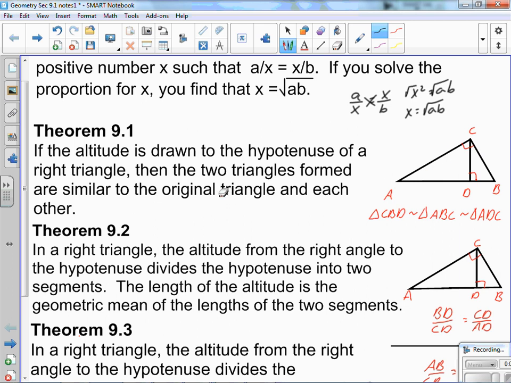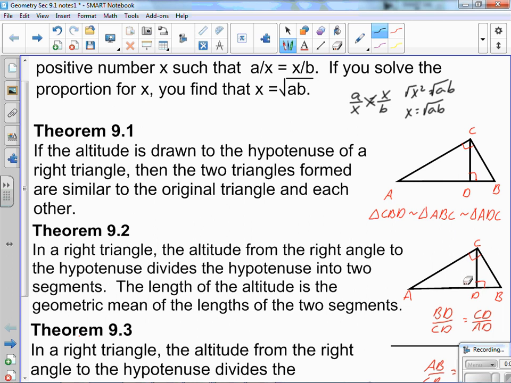So then theorem 9.2, in a right triangle, the altitude from the right angle to the hypotenuse divides the hypotenuse into two segments. The length of the altitude is the geometric mean of the lengths of the two segments. So the altitude, from C to D here, is the geometric mean of these two parts of the hypotenuse that the altitude divides the hypotenuse into.